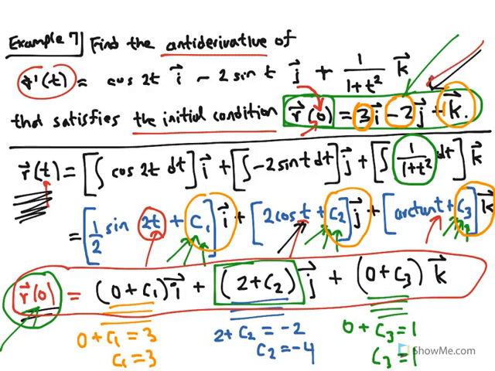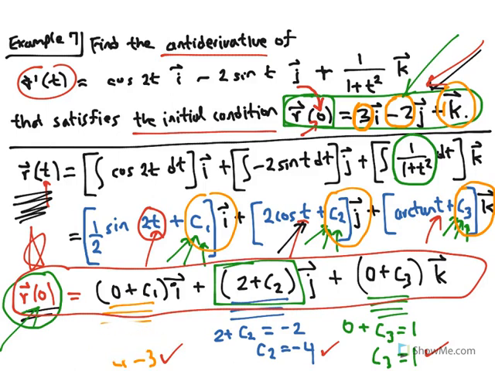But r of 0 is given. So now you will equate the corresponding components from what you have here to the given initial condition to solve for the values of the constants c sub 1, c sub 2, and c sub 3. And once you have that, you will have the antiderivative of r prime of t that satisfies the given initial condition, and I'm going to write that at the bottom of my screen.